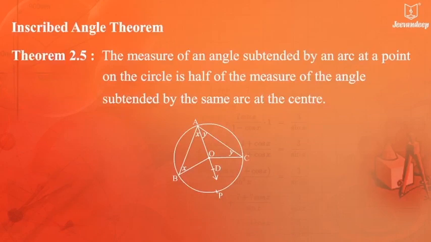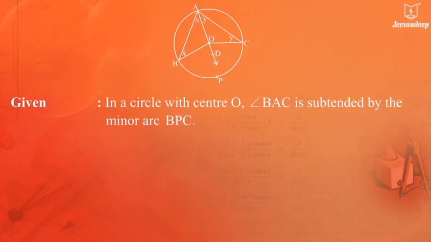Inscribed angle theorem. Theorem 2.5. The measure of an angle subtended by an arc at a point on the circle is half of the measure of the angle subtended by the same arc at the center. Given in a circle with center O, angle BAC is subtended by the minor arc BPC.